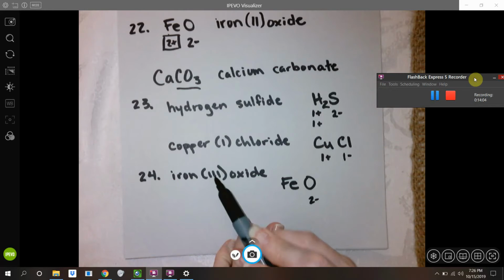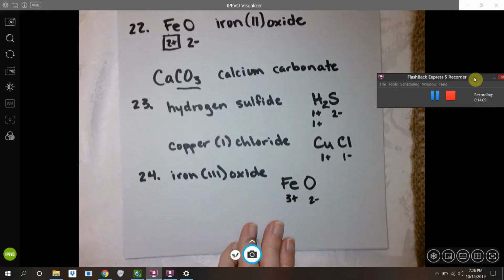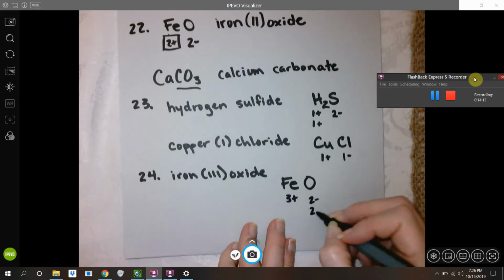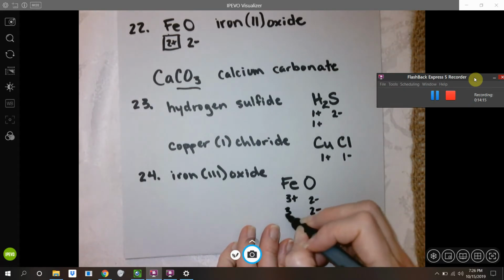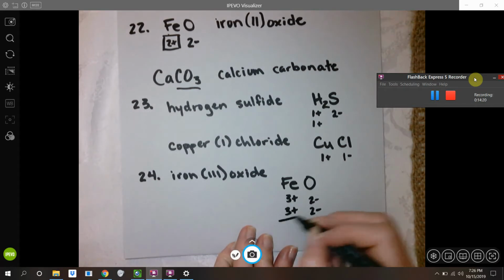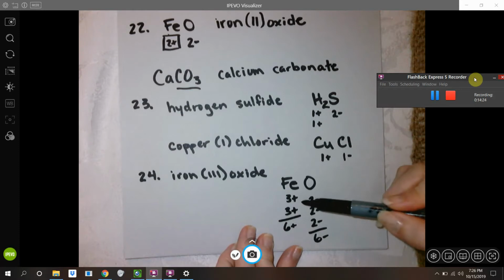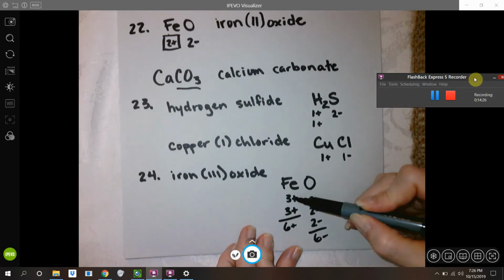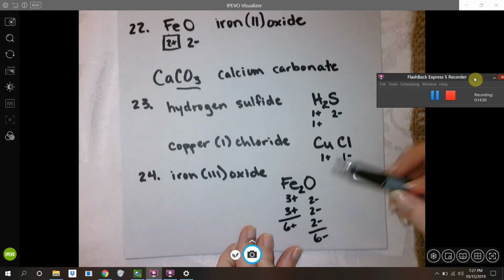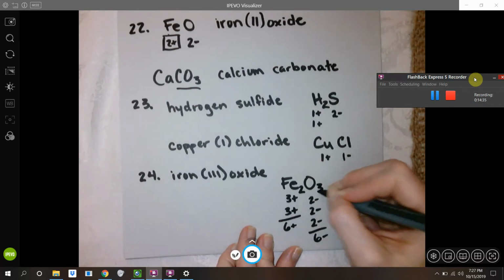Well, we already know from the name that the charge on iron is 3 plus, so let's make this 3 and this 2 balance out. Right now we don't have enough negative charge, add some more. Now we need some more positive, now we need some more negative, until we get the same number, so 6 and 6. Then we can count up how many irons we needed. We needed 1 iron, 2 irons, Fe2, and 1, 2, 3 oxygens, Fe2O3.